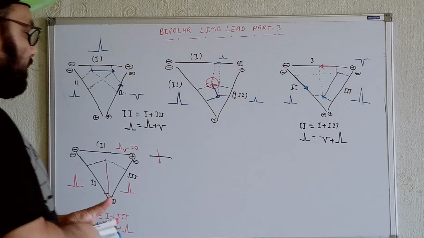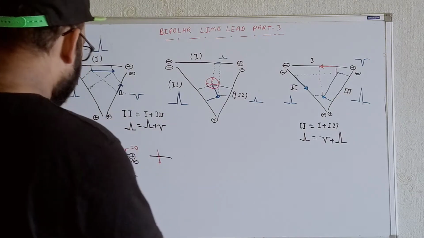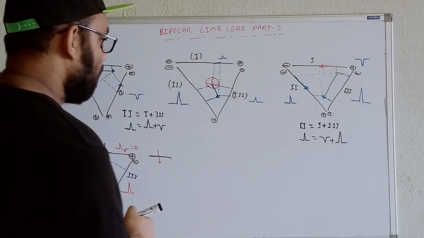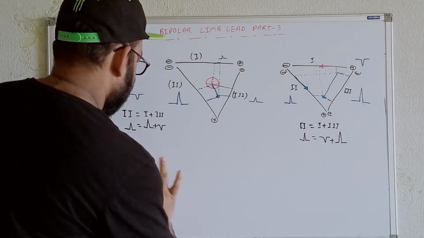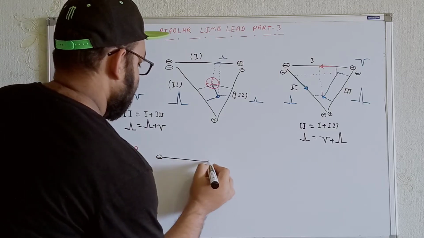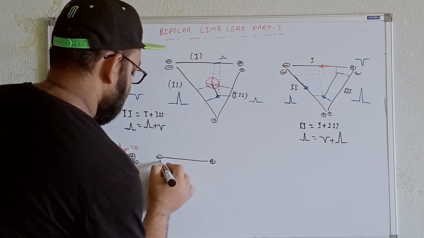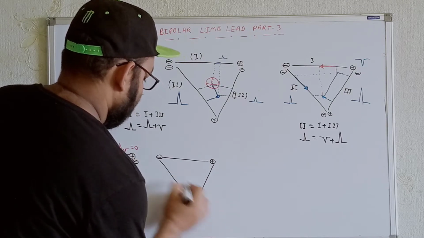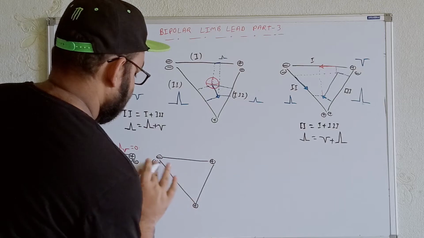Now for example, we are getting the major ventricular depolarization axis in another direction. Negative, the positive over here. Now see, positive, we are getting the negative.